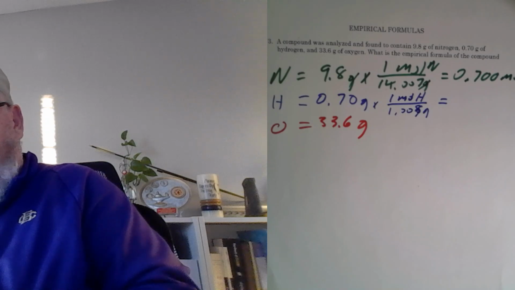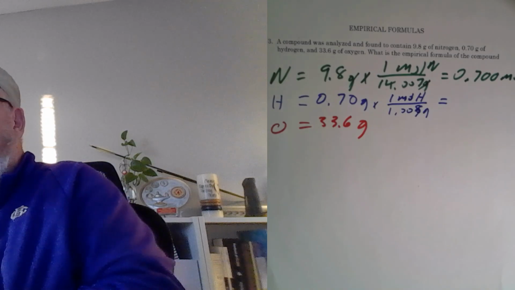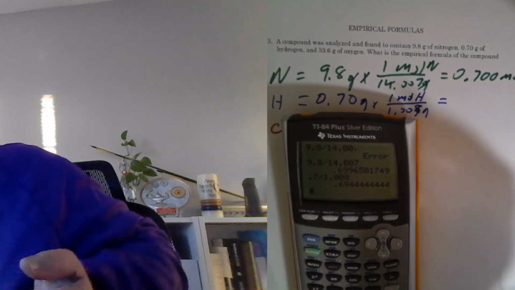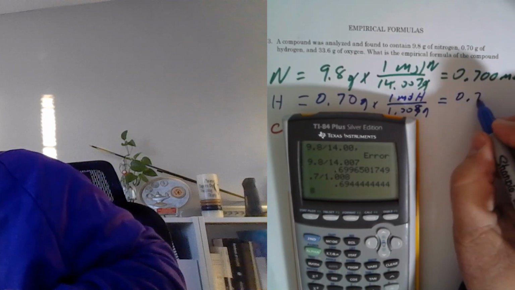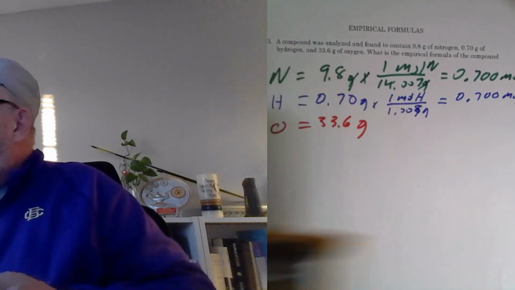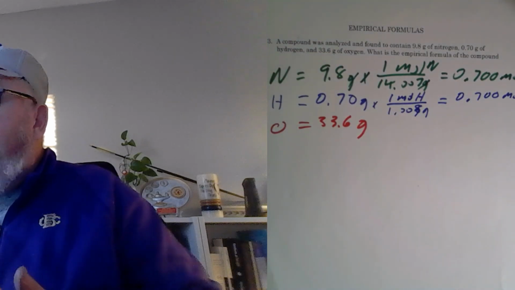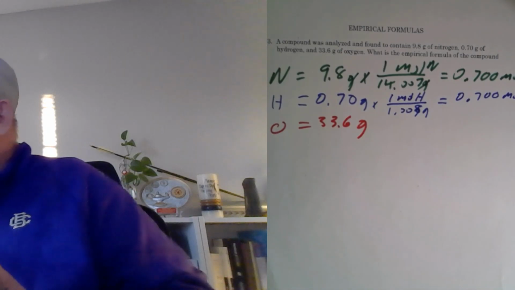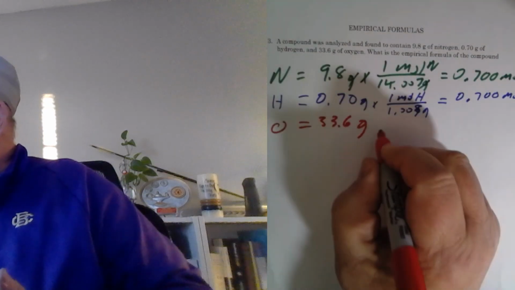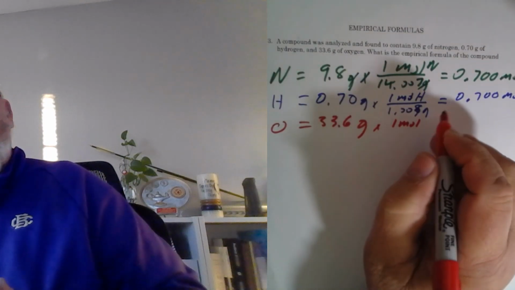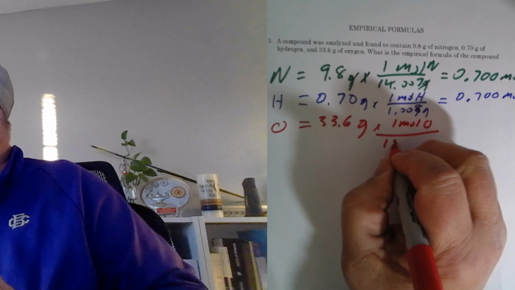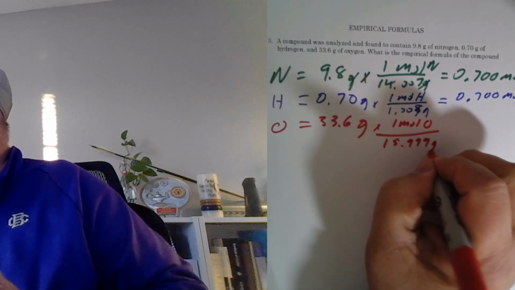Let's do that real quick: 0.7 divided by 1.008. I got 0.69444, so 0.7. We can round a little. Okay, let's do oxygen. My periodic table says it has a mass of 15.999, three nines. 1 mole of oxygen has a mass of 15.999 grams.